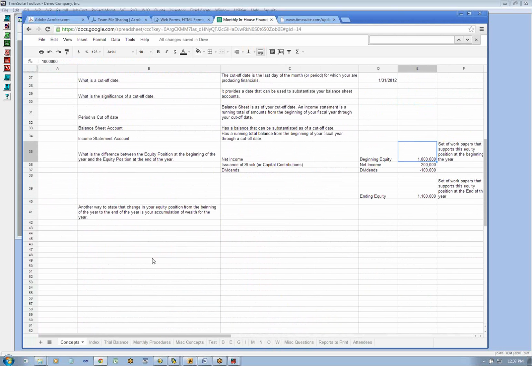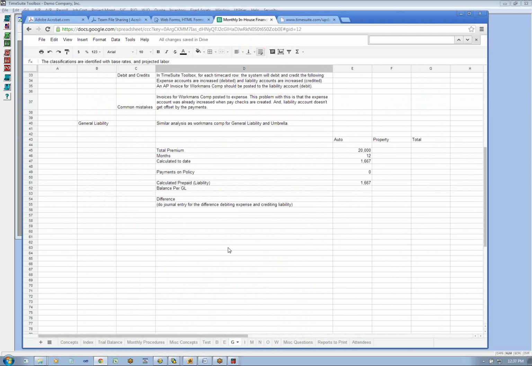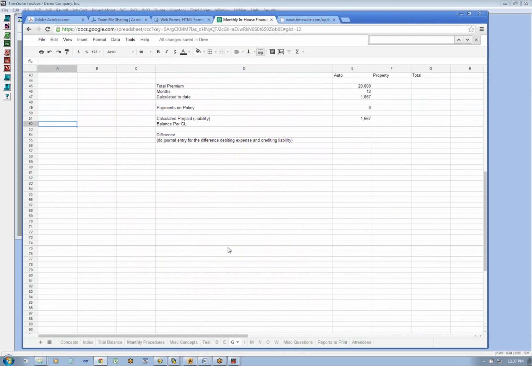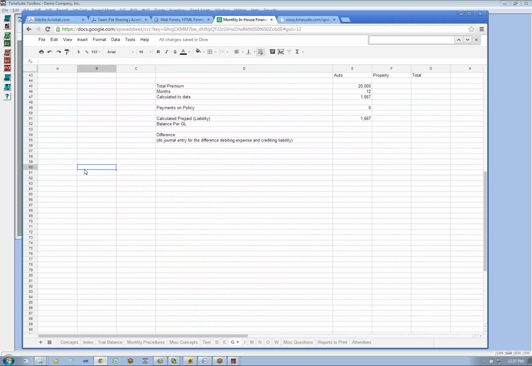Okay, so let's give an example of a base rate computation. Okay, so effective rate computations.